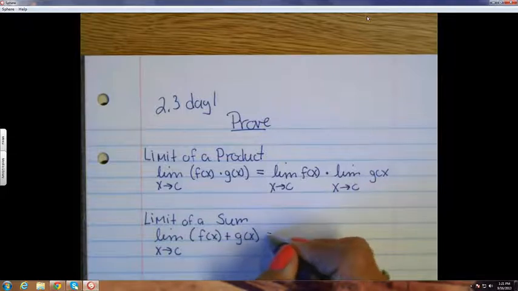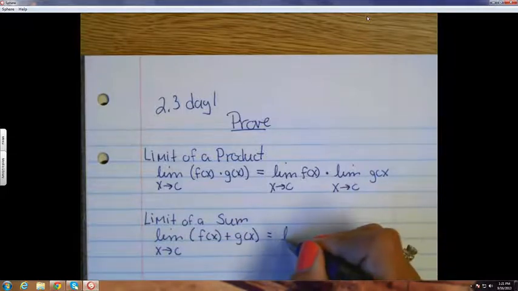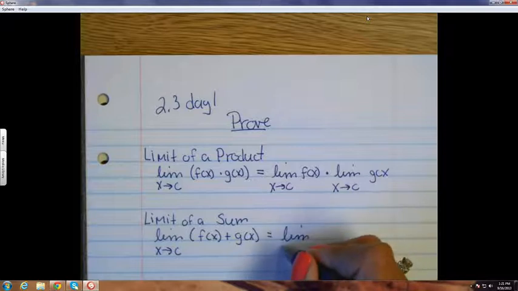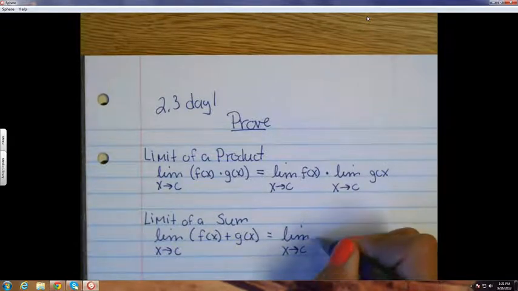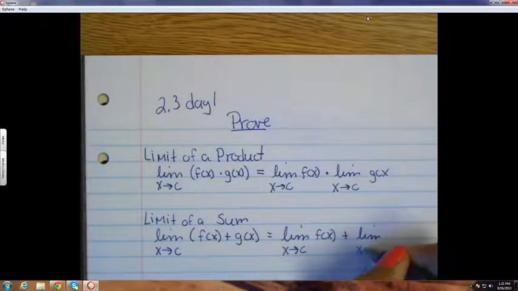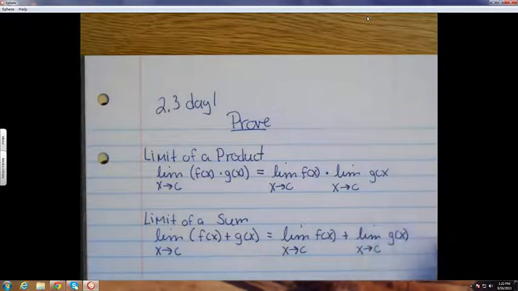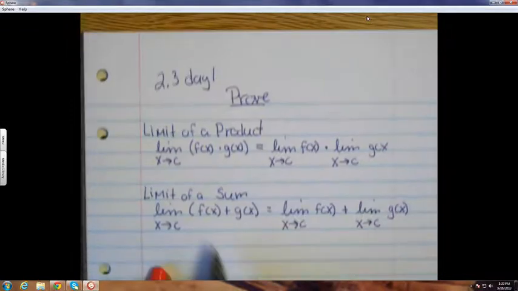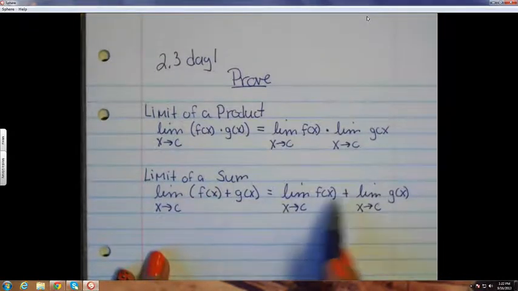That can be broken up into the limit as x approaches c of f of x plus the limit as x approaches c of g of x. So again, limit of a sum breaks up into the sum of the two separate limits.